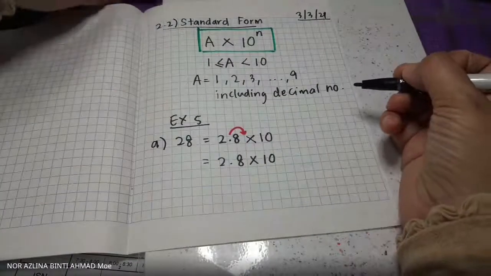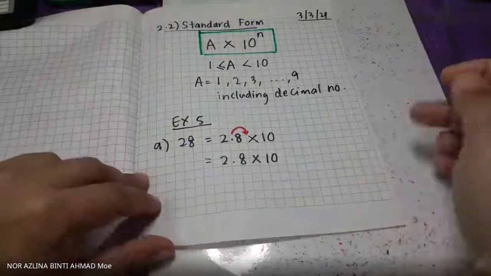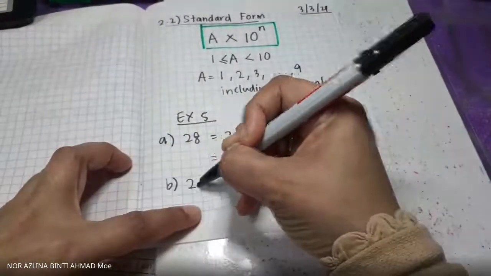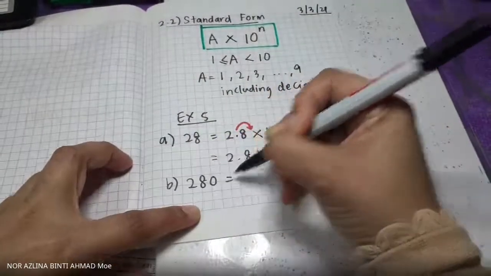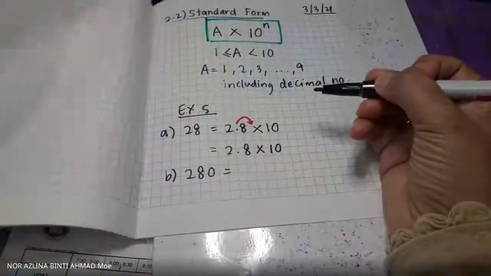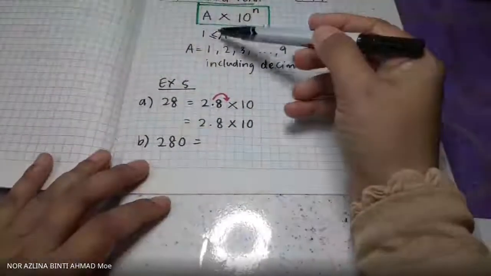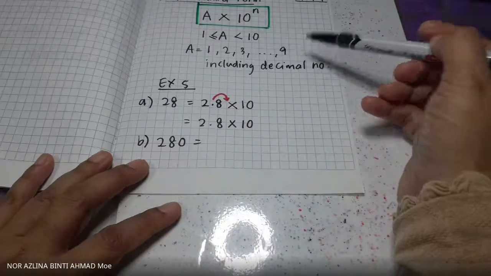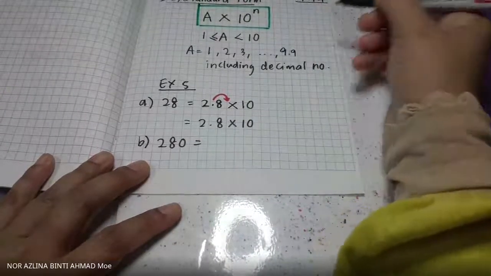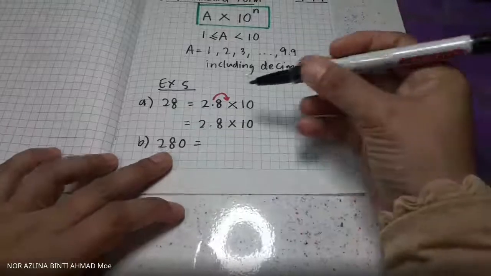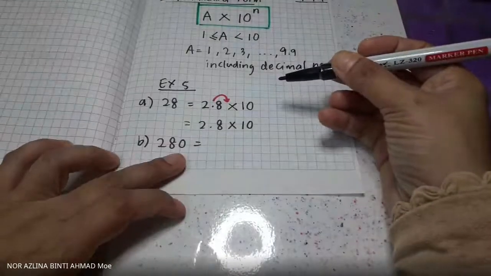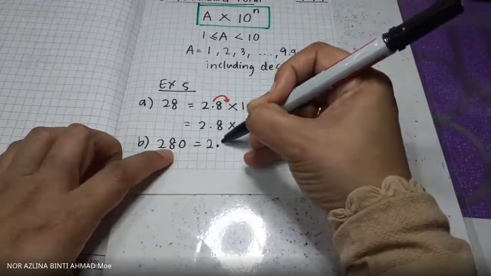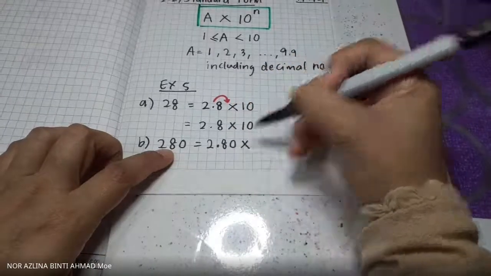Okay, this is A. For B, the question is 280. Write in standard form. To write in standard form, then the value of A should be between 1 until 9. So 280, okay, we can change to 2.80 multiply.